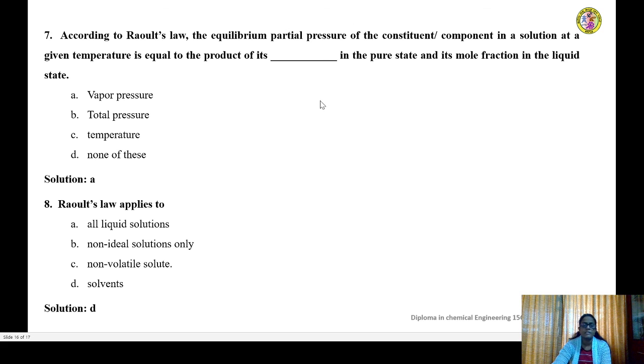I think this one particular question has been repeated. We have already seen this question in the previous slide. So it is the vapor pressure of the pure component multiplied with the mole fraction that is equal to the equilibrium partial pressure of that particular component.